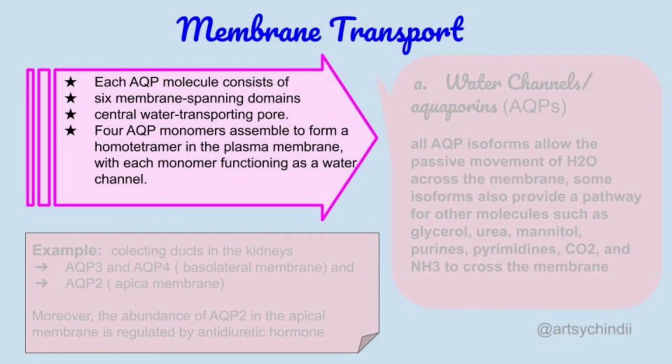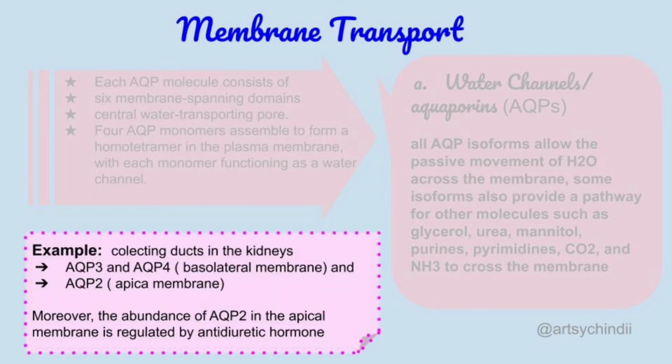At the cellular level, each aquaporin molecule consists of 6 membrane-spanning domains and a central water-transporting pore. 4 aquaporin monomers assemble to form a homotetramer in the plasma membrane, with each monomer functioning as a water channel.